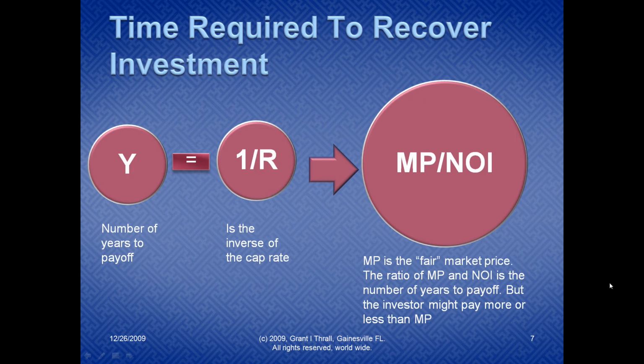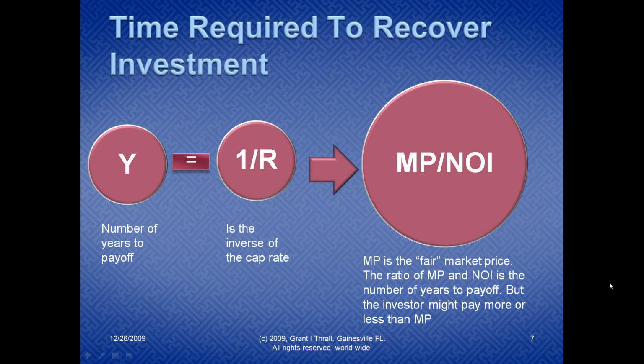Often, particularly in multi-branch retailers, when considering a site for purchase, the market analyst evaluates the number of years to pay off. The number of years to pay off is calculated as the inverse of the cap rate, also calculated as the market price, which is the fair market price, as a ratio to the net operating income.